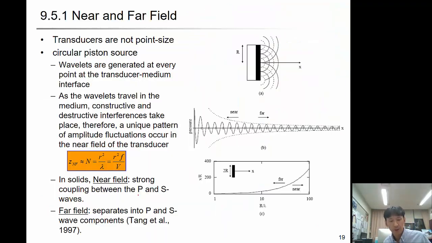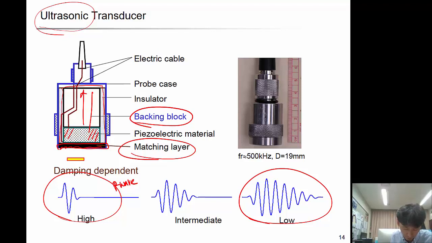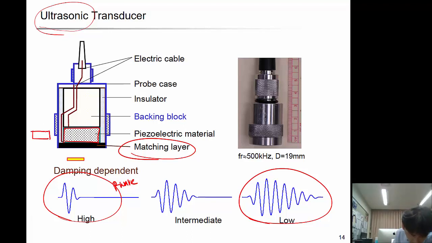Okay, let's look more closely at the mechanism and the characteristics of the ultrasonic transducers. Transducers are not point size, as I think I've shown you here. So this whole piezo material deforms like this when you apply the voltage to it, right?